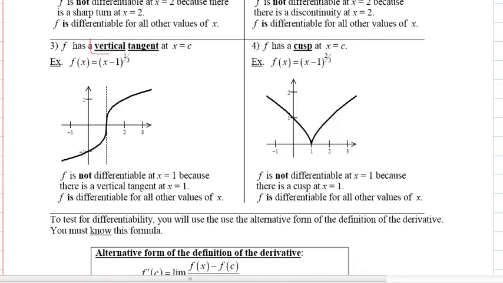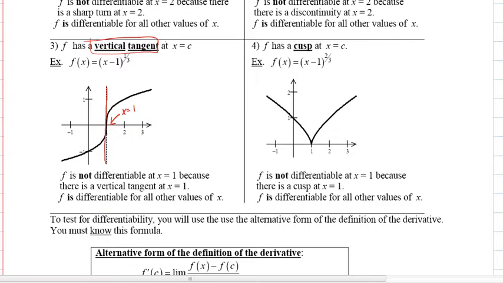Example number 3. F has a vertical tangent at x equals c. Well, we all know that tangent lines represent derivatives, but not every derivative can be defined. For example, this dashed line right here is the tangent line at x equals 1. But what is the slope of a vertical line? You guys should have heard about vertical slopes.